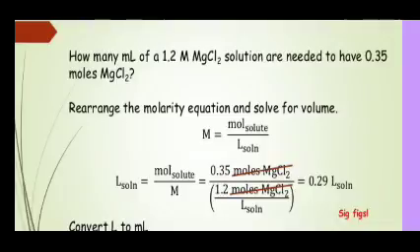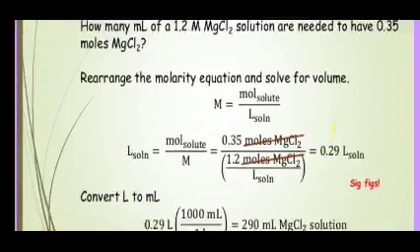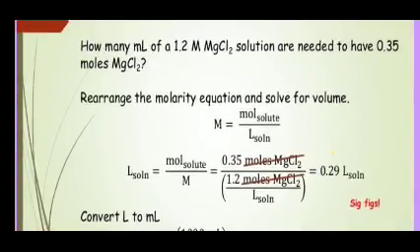Capital M is equal to 1.2, small n is equal to 0.35, volume of solution V in liters. Volume of solution in liters then convert to milliliters. Rearrange the molarity equation. Molarity is equal to number of moles divided by volume of solution in liters.